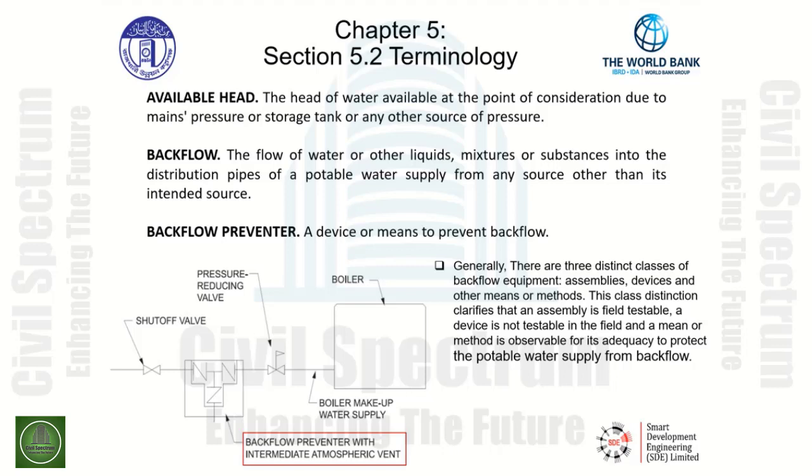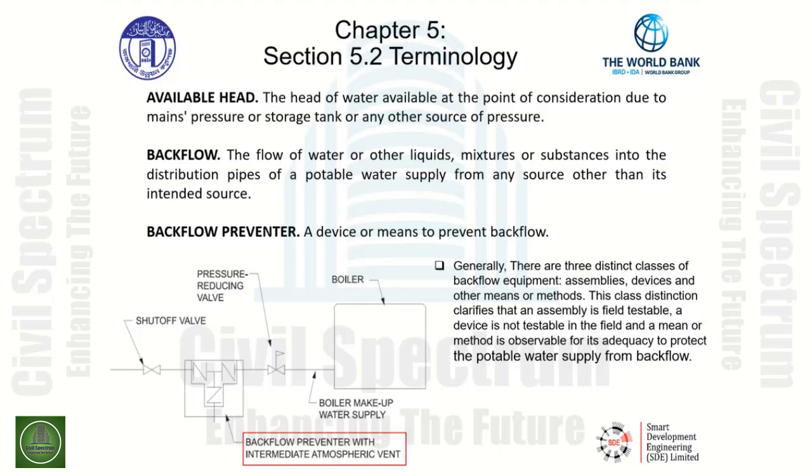This is something that we need to avoid. We need to avoid any other fluids, mixtures, other than potable water to gain access into the piping system. That's why we have backflow preventers.